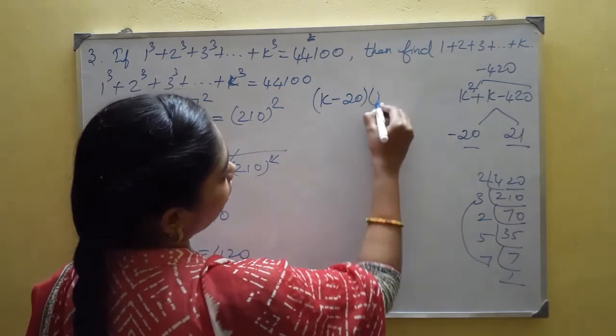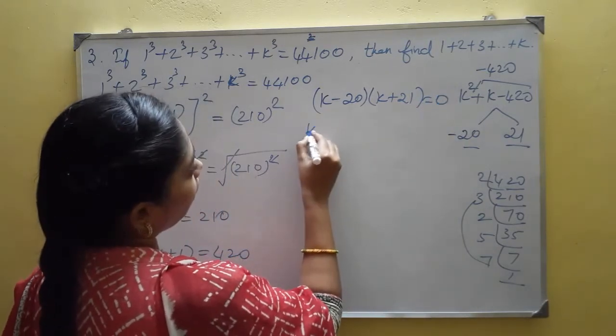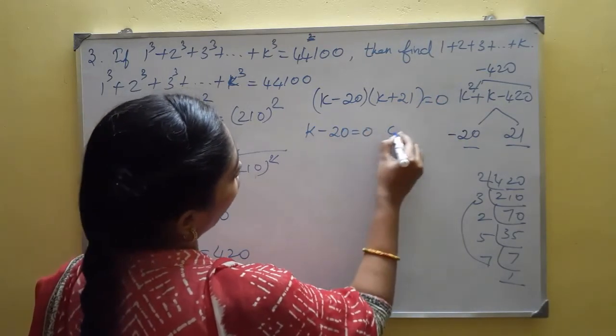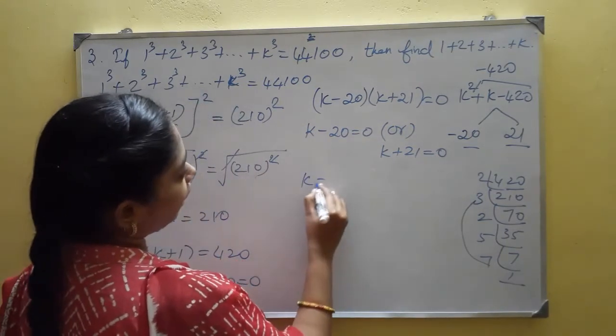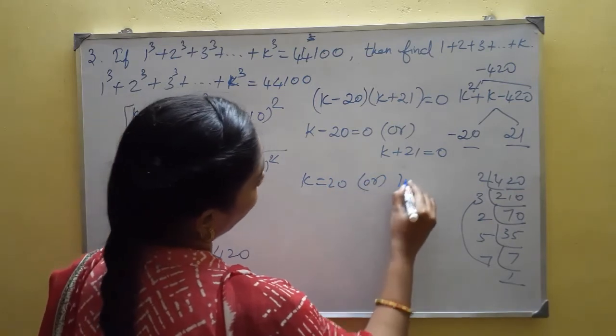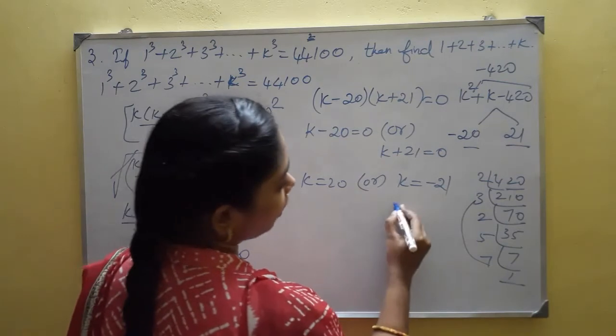k minus 20, k plus 21 equal to 0. k minus 20 equal to 0 or k plus 21 equal to 0, k equal to 20 or k equal to minus 21. So this cannot be possible.